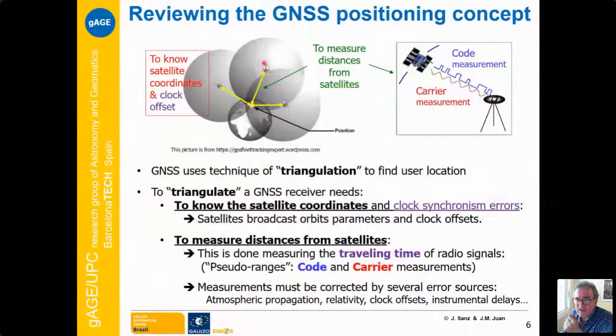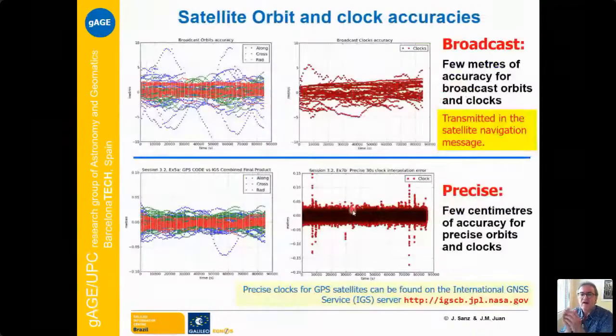We compute the satellite coordinates in the autonomous positioning using the navigation message, the broadcast navigation message. This is the message broadcast by the satellites. Then how precise are the coordinates and the clock offsets we can compute using the information transmitted by the satellite? Well, this is based on real data.